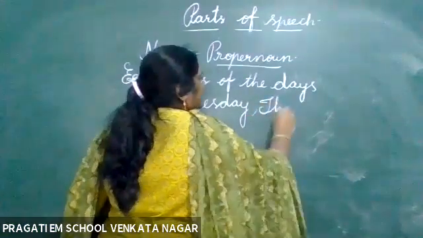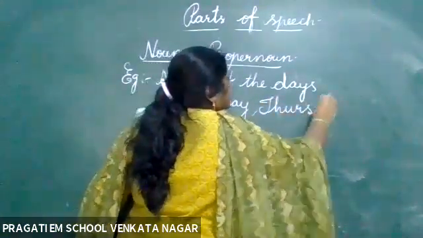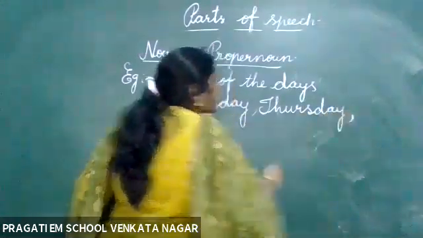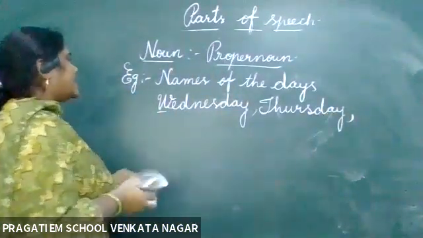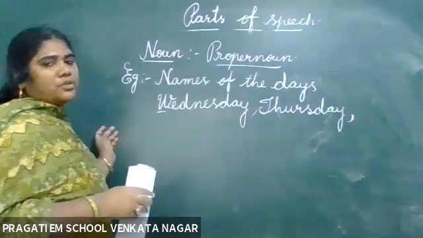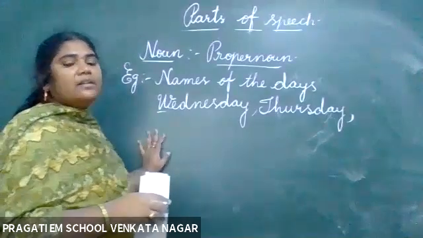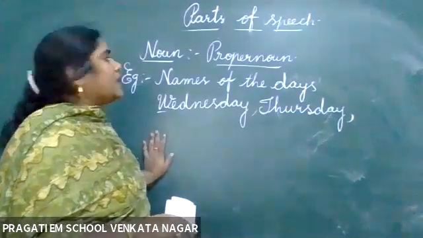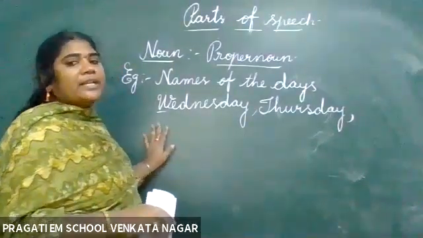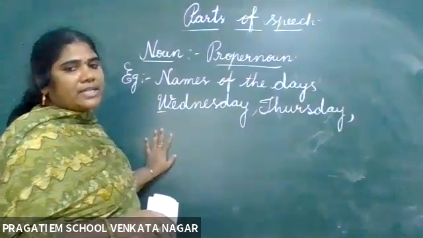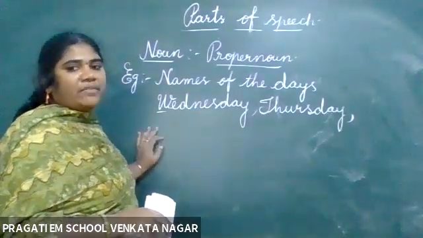Tomorrow, Thursday. Next, Friday. Next, Wednesday, before that, Tuesday. Whatever the days are, they should always start with capital letters because they are the particular names of the days. How many days do we have? We have 7 days. Each day has its own name.